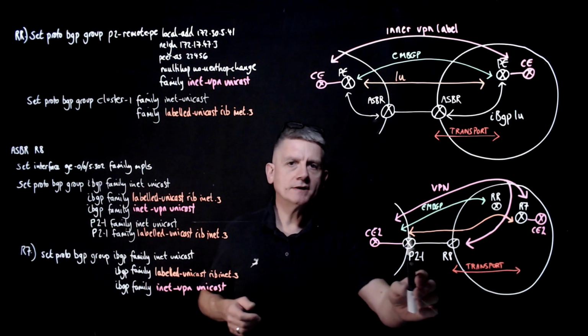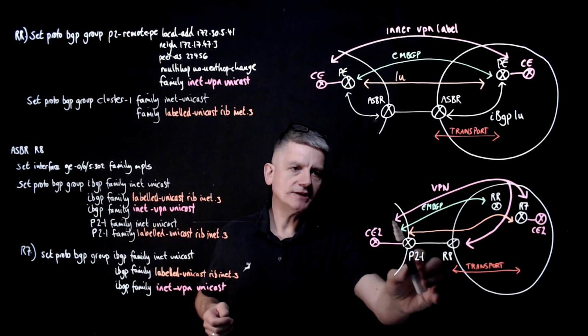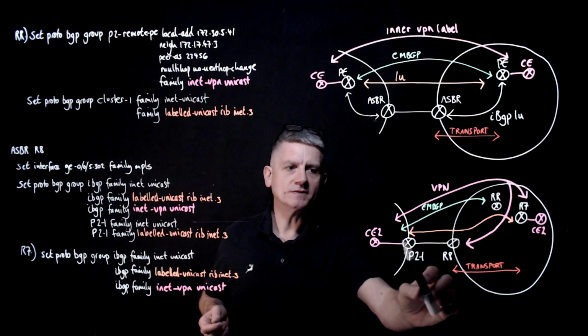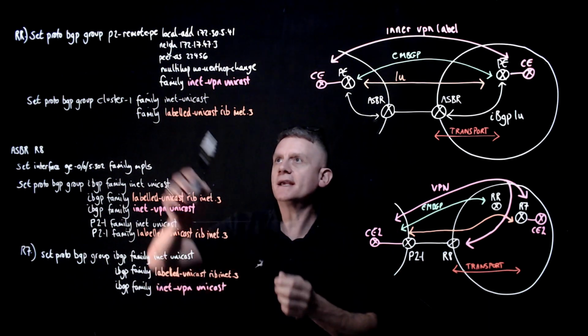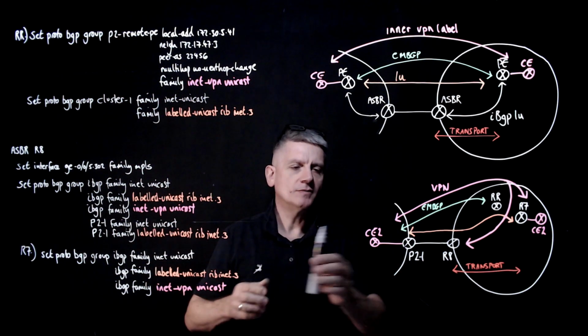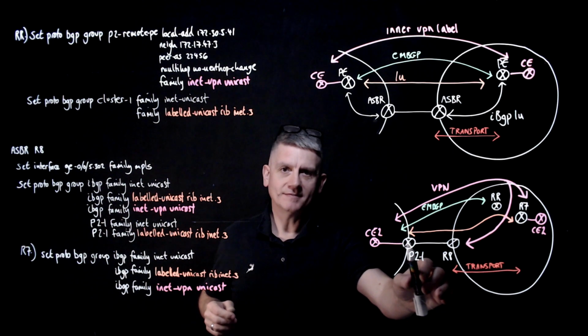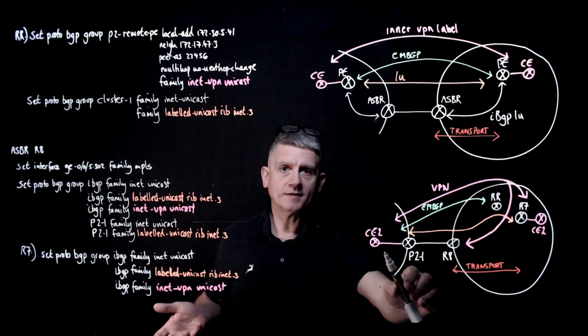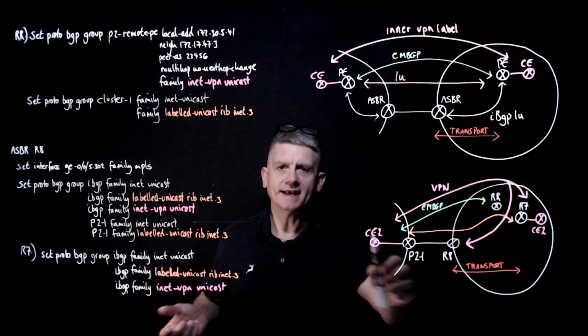So what I'm going to do is, on the termination of my arrows, have them sort of ending here in these examples as if remote PE was located on P2.1. Although do bear in mind that this could be another PE inside the AS.